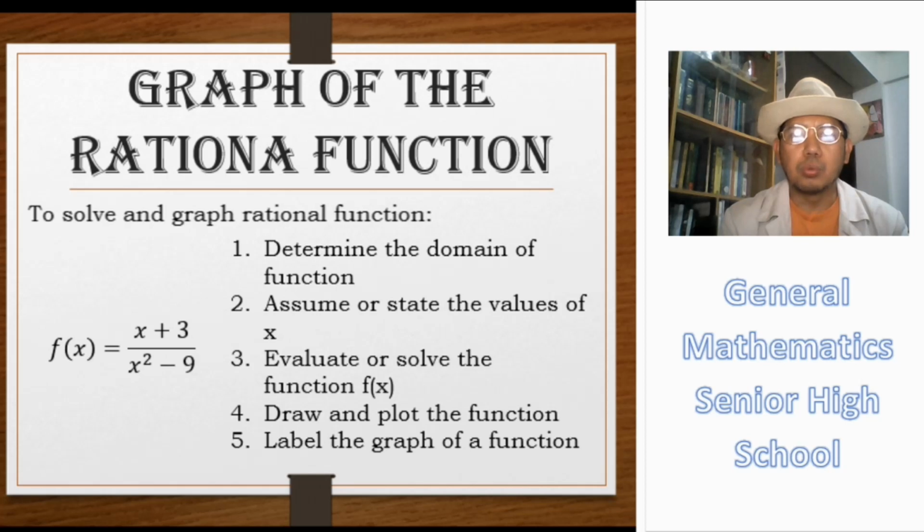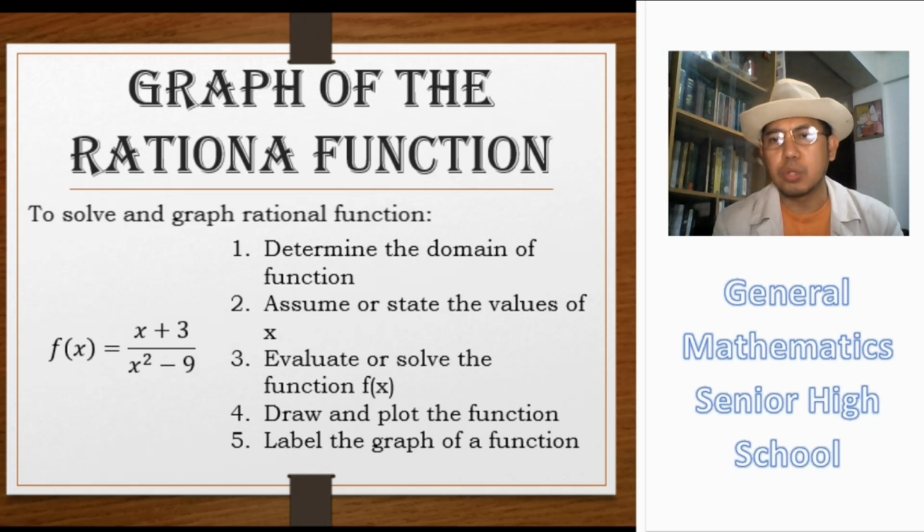Again, to have the computation and a graph of this problem, there are suggested steps that we're going to make use of. So we have in here: determine the domain of the function, assume or state the values of x, evaluate or solve the function if we have already stated the values of x. After having the evaluation, draw and plot the function, and of course label the graph of the function.